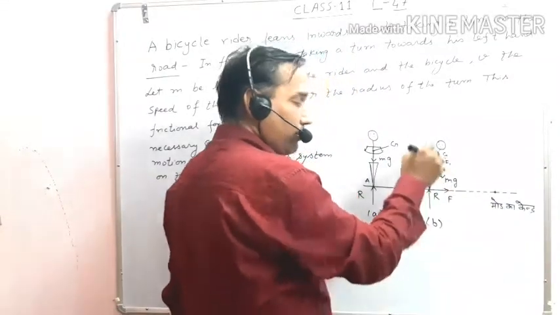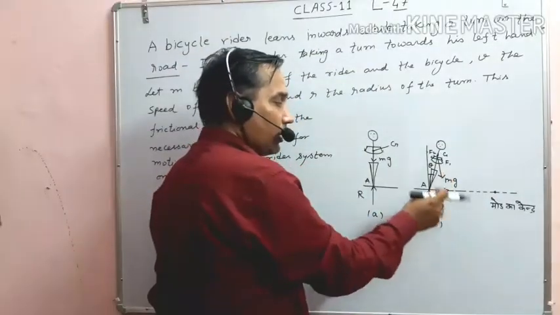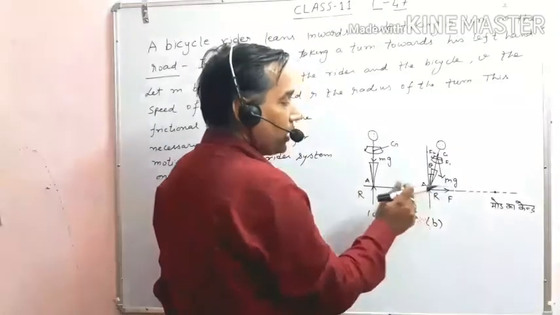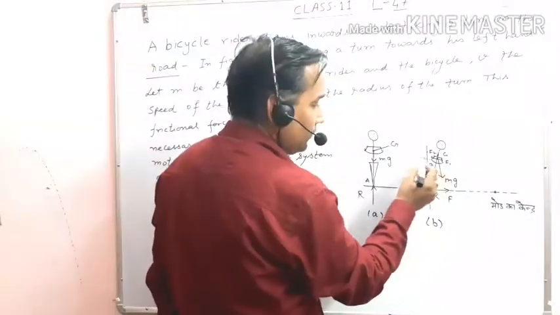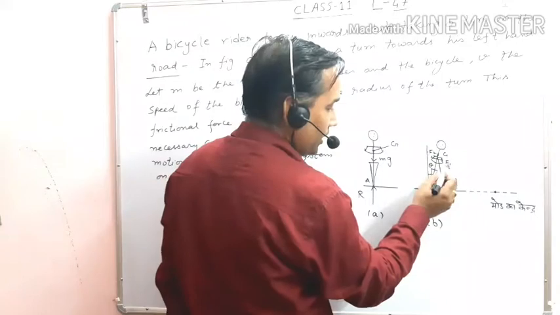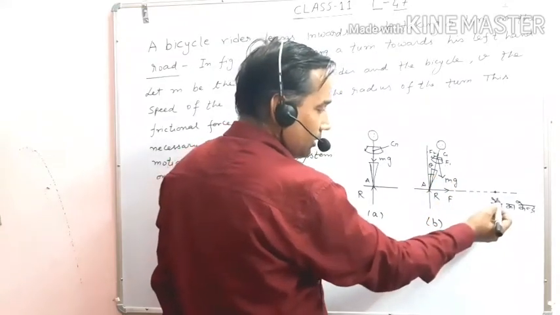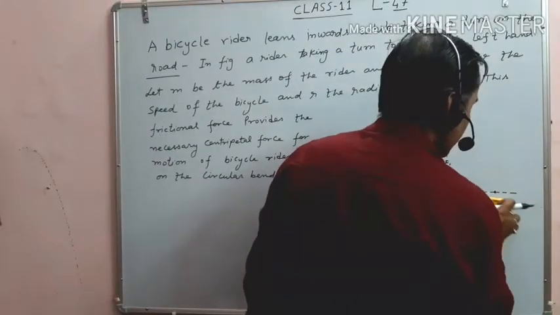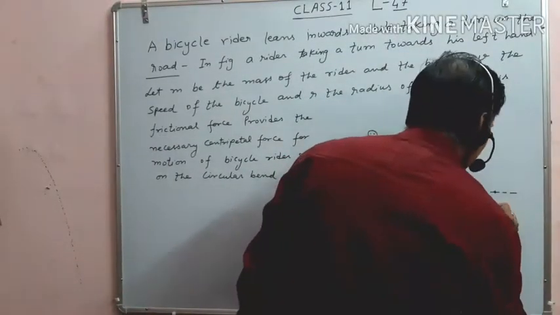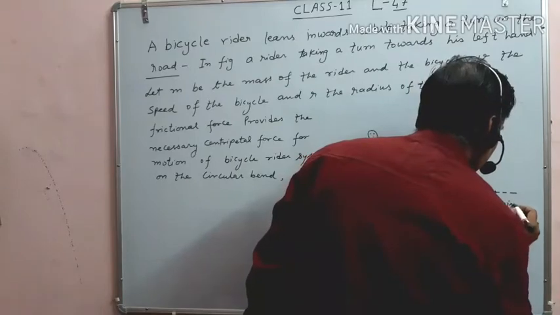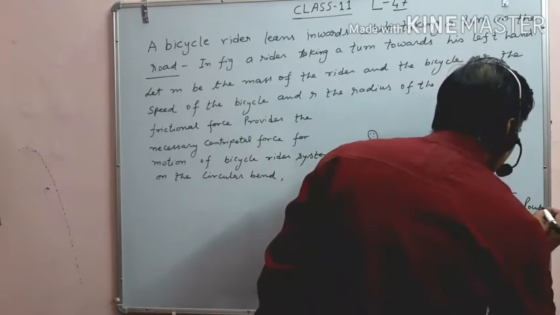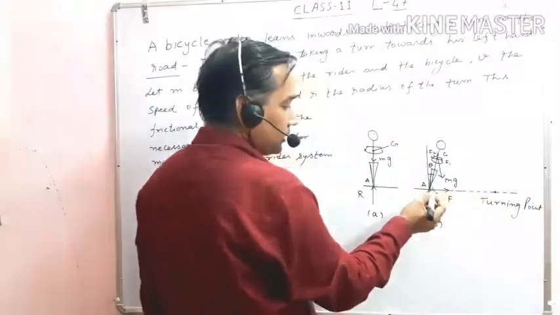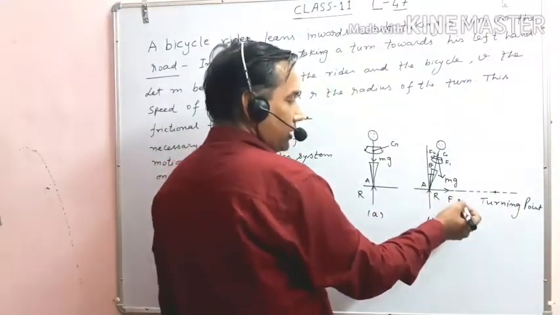In this situation, mg force is acting downward and one reaction force R is acting in the upward direction, and on the handle one force F2 and F1 is acting here, and towards the center of that lean point, you can say the turning point. So when the body leans toward that, the acting force is F, that is centripetal, here beta.